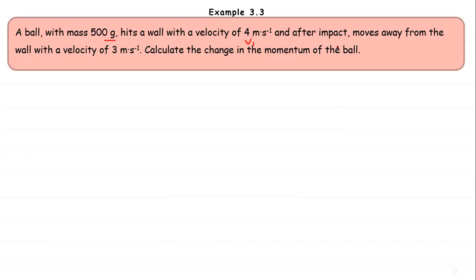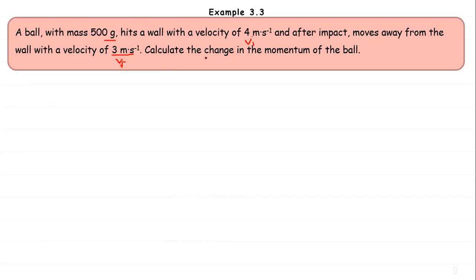And after impact, meaning after colliding with the wall, it moves away from the wall with a velocity of 3 meters per second. You then agree with me that this is the velocity after. So this value of 3 meters per second will represent the final velocity.